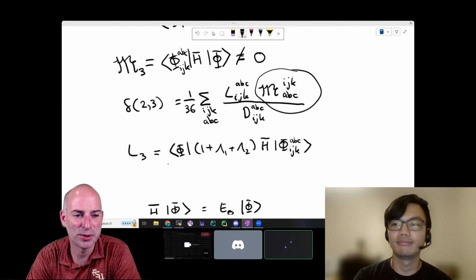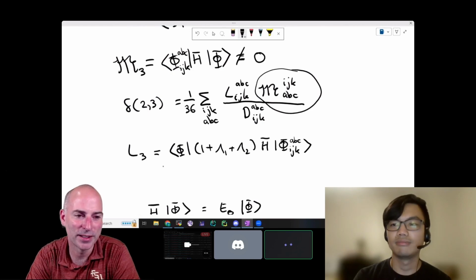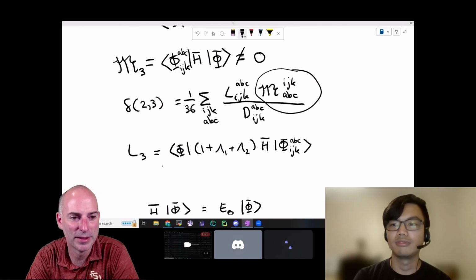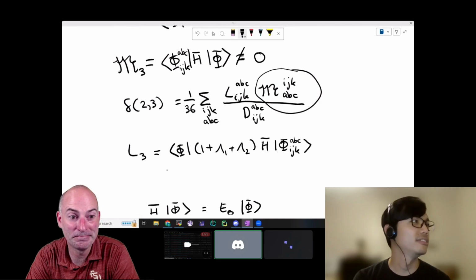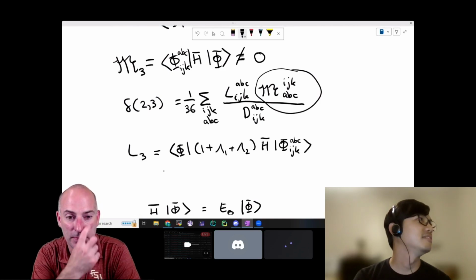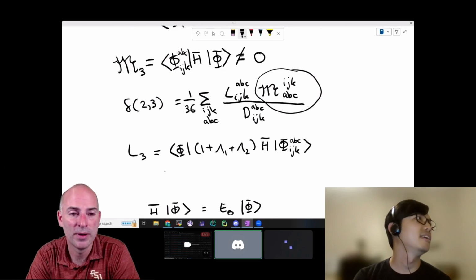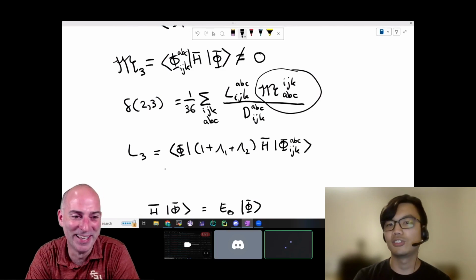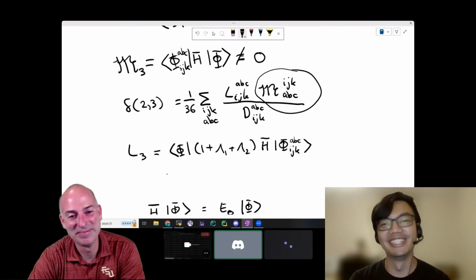Wait, I have to interrupt you. Can't you write down a projected form of full CI, and then the energy only depends on C1 and C2 as well? But that's not an RDM theory. Ooh, that's a good point. Or maybe it is an RDM theory. Maybe.